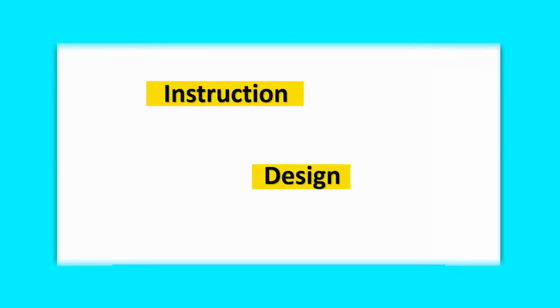The second word is design. All of you again know the meaning of the word design. All of you know about fashion designers. What designers are doing, they are creating very designer ties or designer suits or designer belts or designer shoes and so on and so forth.